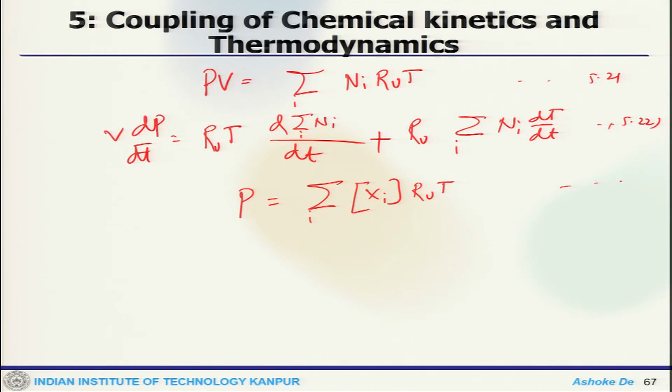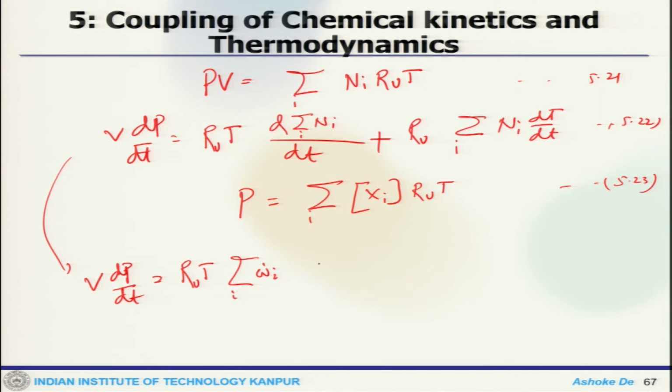So, that is the total pressure of the system. So, from here we get V dP by dt equals RUT omega dot I plus RU summation I xi dT by dt.